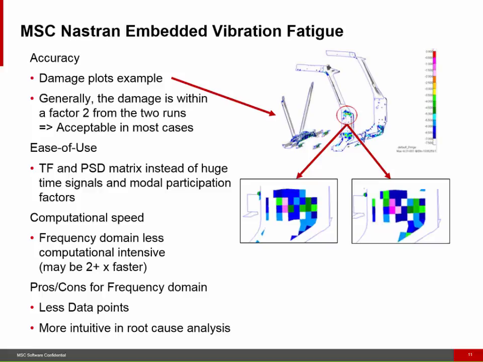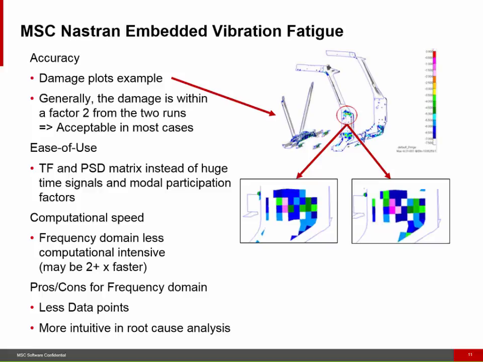The frequency domain fatigue simulation may be significantly faster compared to the time domain due to much less complex loading histories once they are converted from time to frequency domain. Because then you go to the PSD matrices, which reduce the resources and the amount of scratch file data required.